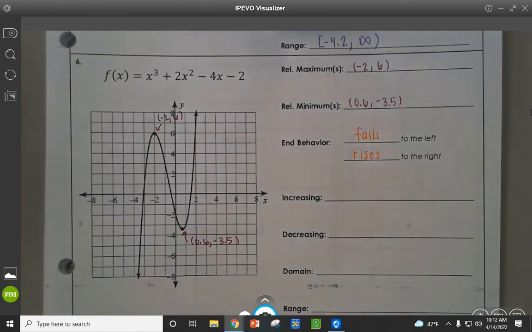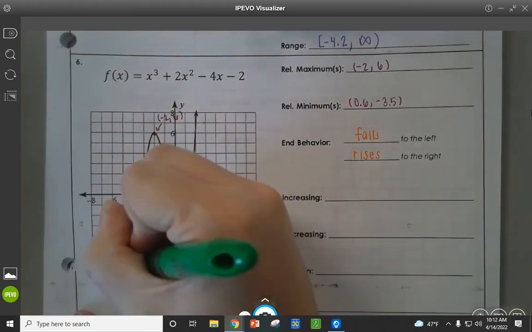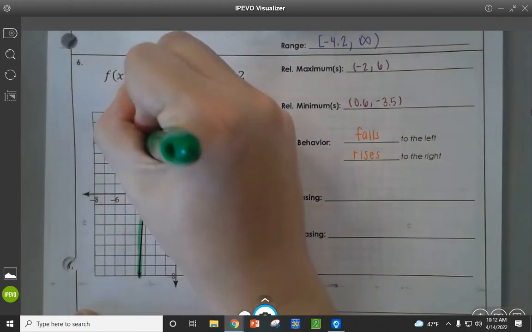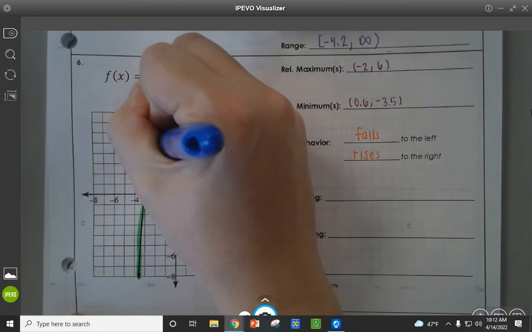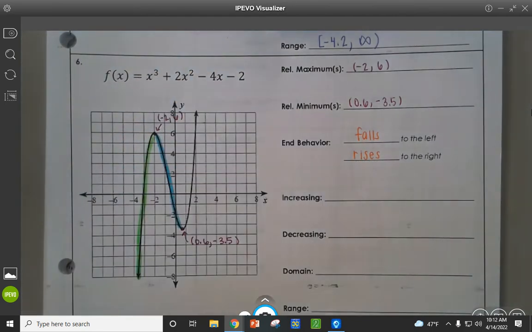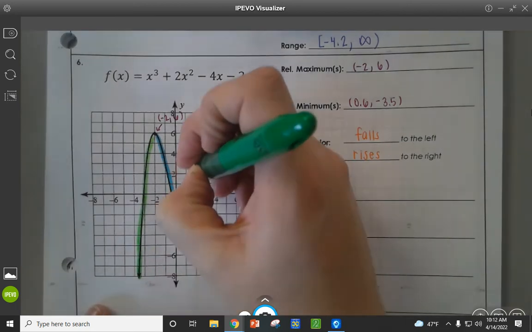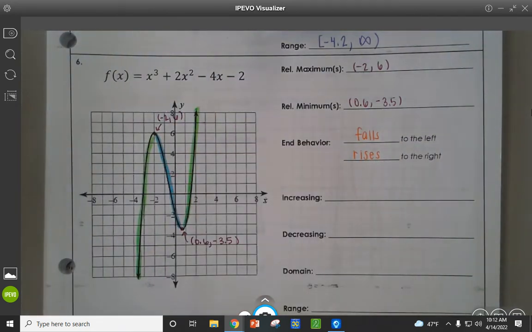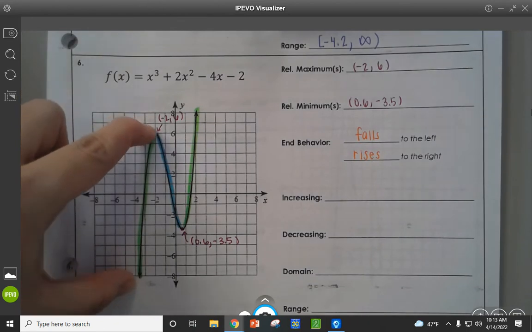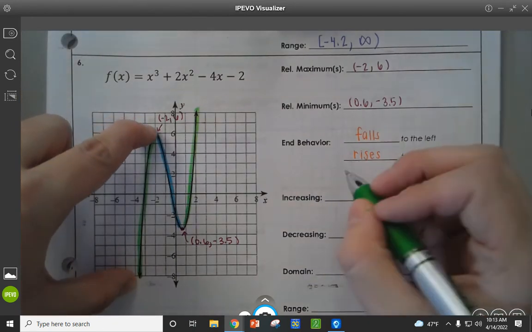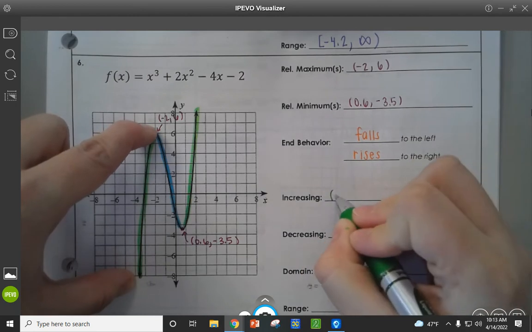Increasing and decreasing. So it goes increase, decrease, increase. All right, so this first chunk, where does it start increasing?